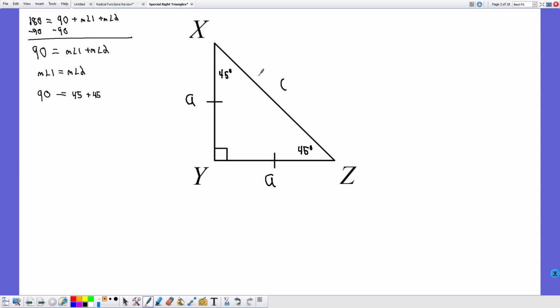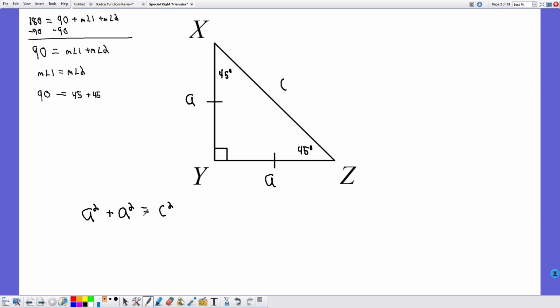Let's use the Pythagorean theorem and see if we can determine anything interesting about the length of C. The Pythagorean theorem says each leg squared, added together, equals the hypotenuse squared. So I have A squared plus A squared is equal to C squared.